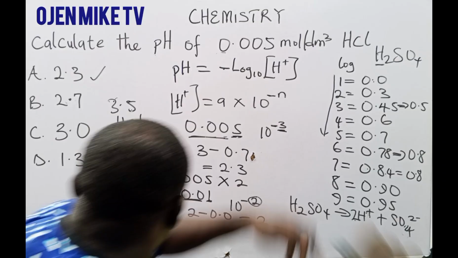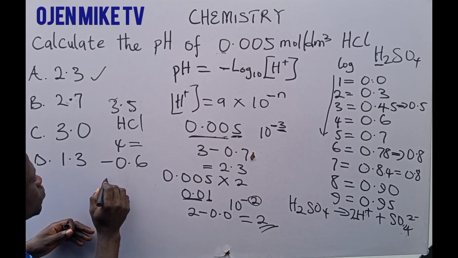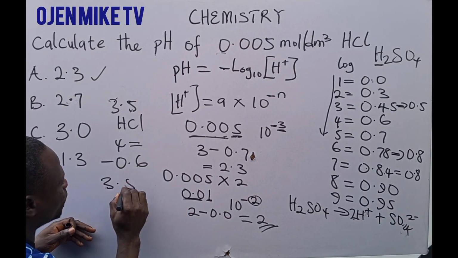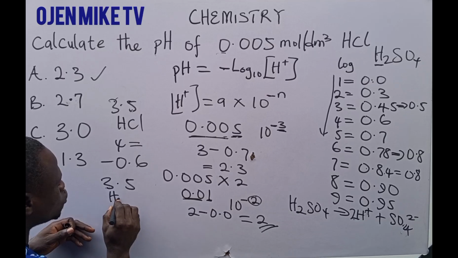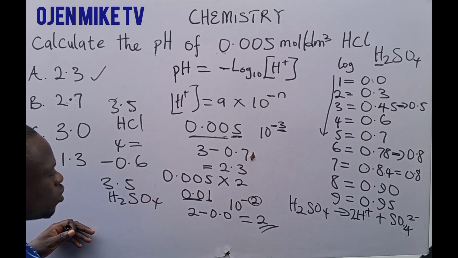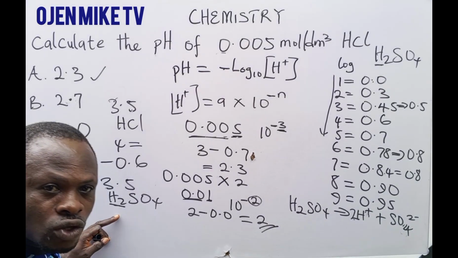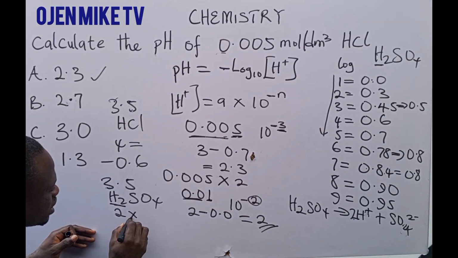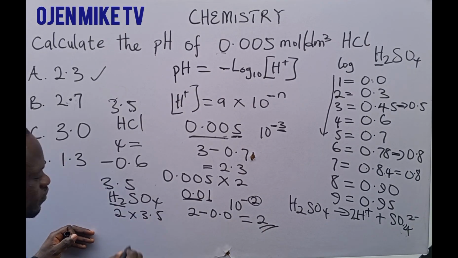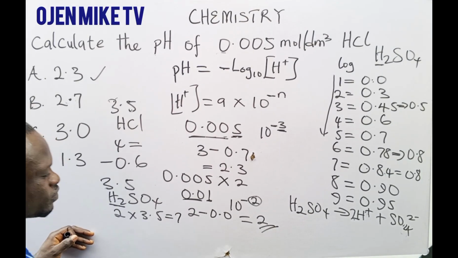Do you understand? If I now ask, calculate the pH of 3.5 of H2SO4, what I will simply do is, because there are 2 hydrogen ions here, I will simply say 2 times 3.5, which will give me 7. All right.